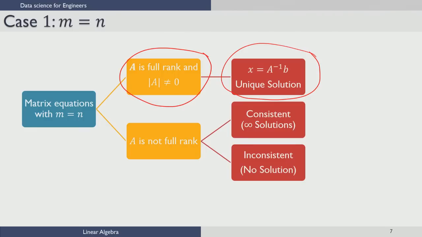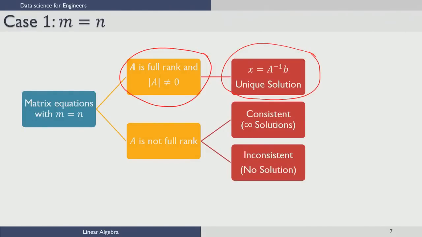In this case, what it means is, if I take the left hand side of the equation A x equal to b and make some linear combinations of some rows of A, at least one of the rows of A is going to be a linear combination of the other rows of A. That is the reason why the rank of the matrix became less than m. In this case, depending on what the values are on the right hand side, you could have two situations.